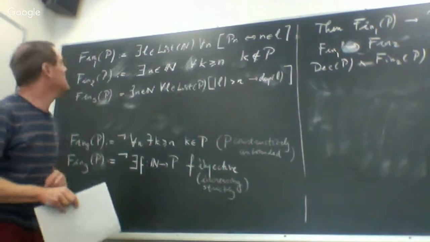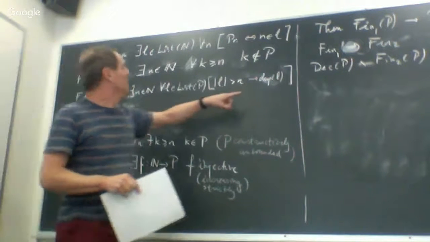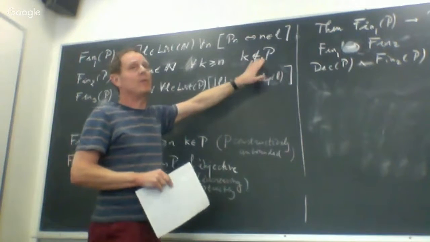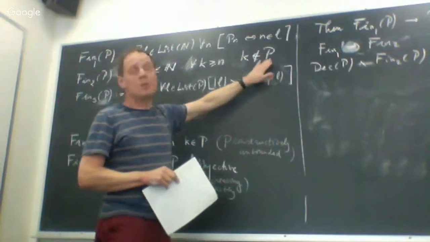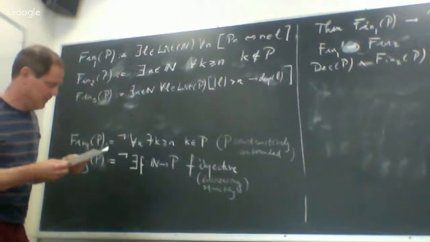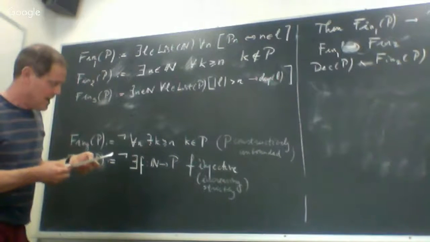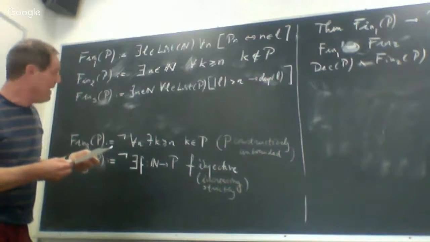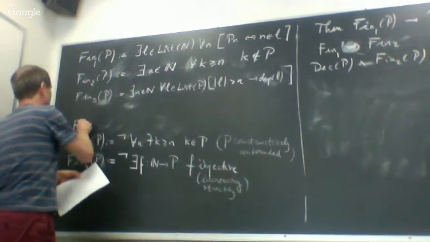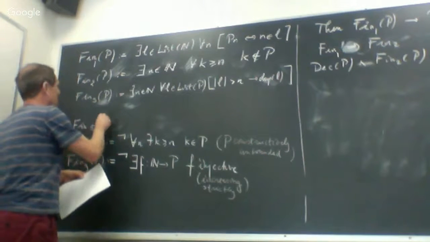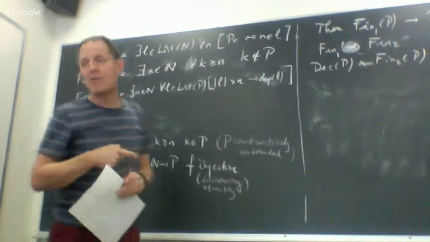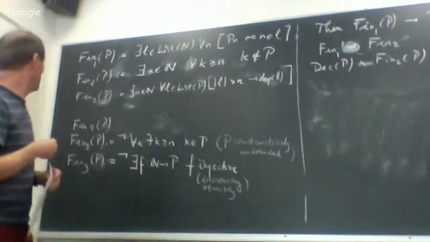If we only allow decidable predicates, it's equivalent to LPO, and if we also include undecidable P, it's stronger than LPO. So I skip that. I skip also Fin 4, but I come back to Fin 4 if we have enough time after the infinite combinatorics.